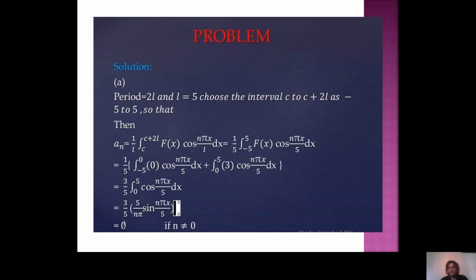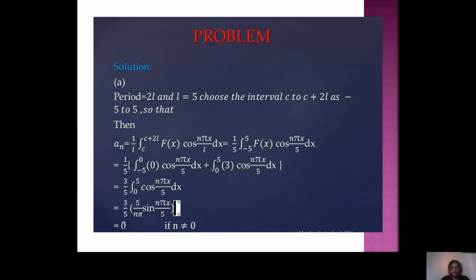Choose the interval c to c plus 2L as minus 5 to 5. So that a n is equal to 1 by L integral of c to c plus 2L f of x cos n pi x by L dx. So 1 by 5, integral from minus 5 to 5 f of x cos n pi x by 5 dx.